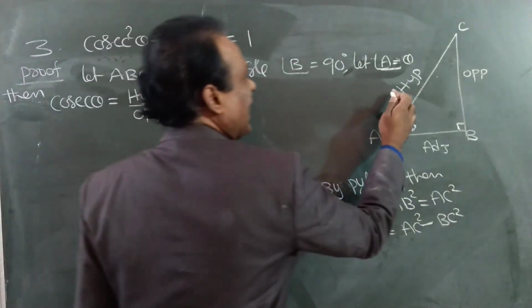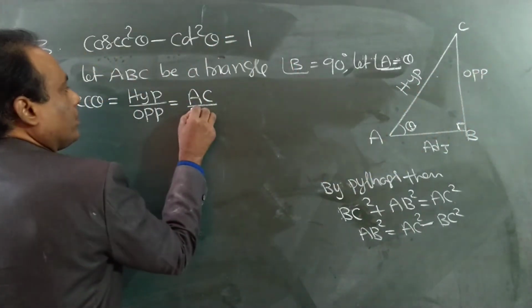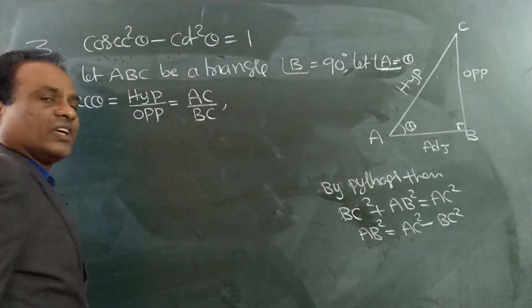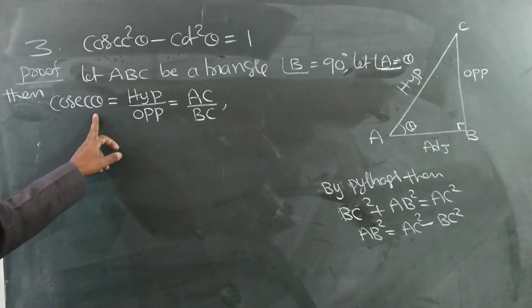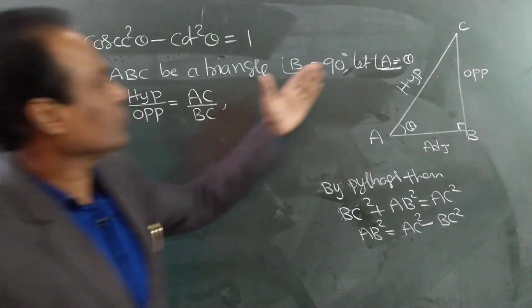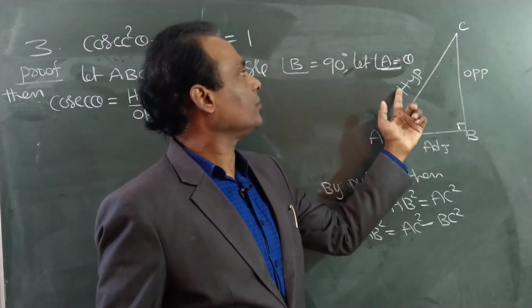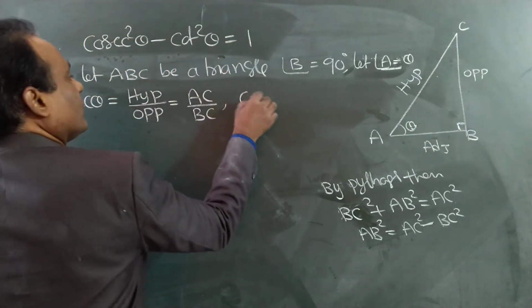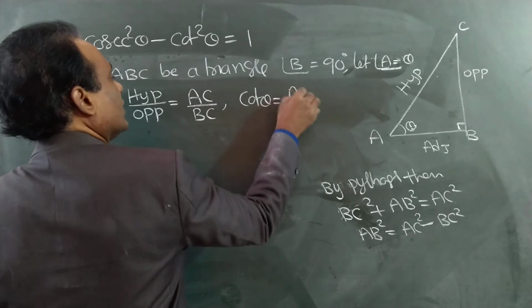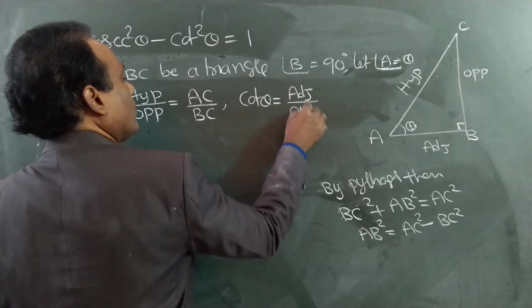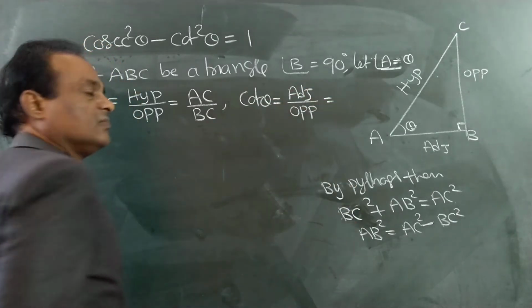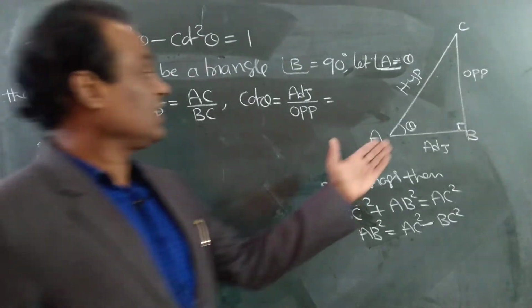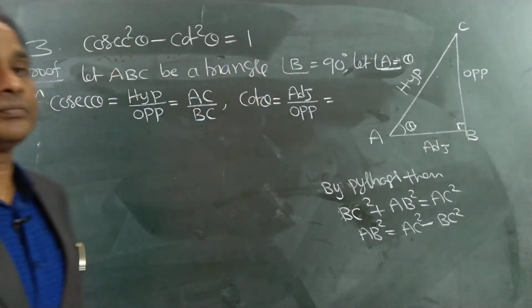The opposite is BC. Cot theta definition is adjacent by opposite.